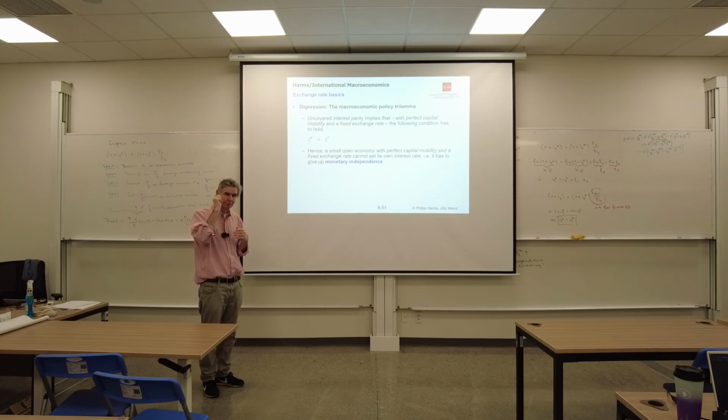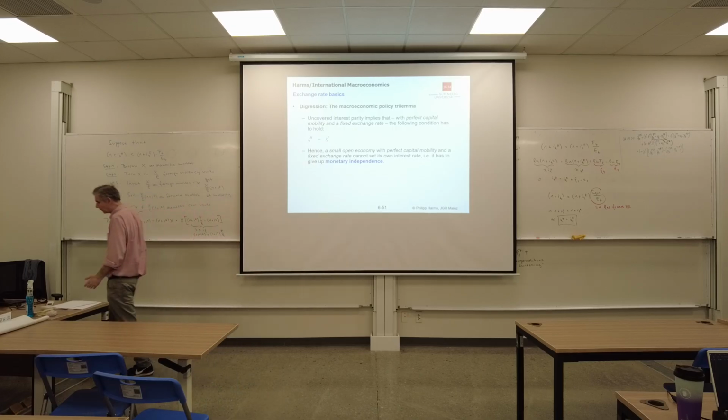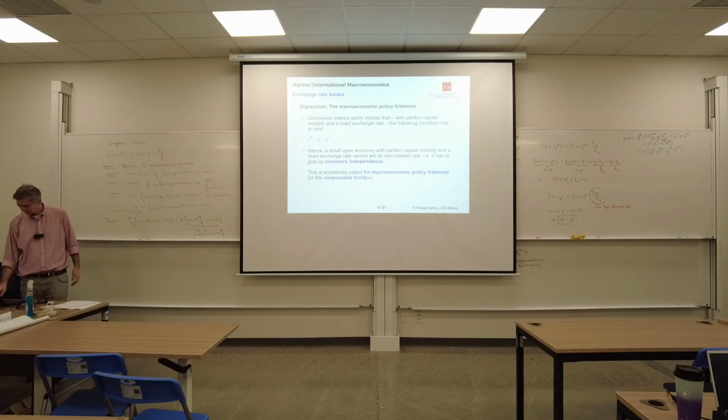Well, by fixing the exchange rate in a very credible way, having a so-called currency board, and since then, inflation rates in Bulgaria have been rather small. So this is sometimes called the macroeconomic policy trilemma or the impossible trinity.